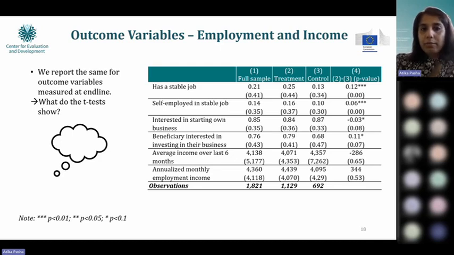If you look at this column, it will tell you the difference. So over here, you see that the treated group is more likely to have a stable job. In fact, the quantification of this is 12 percentage points more likely, which means to say the difference between the two groups is 12 points.